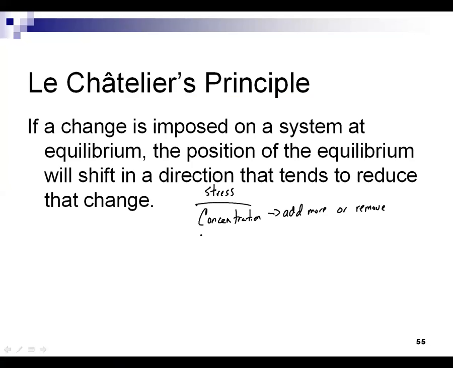Another type of stress that you could do to a situation would be volume or pressure, and that has to do with gases. Obviously, you can either increase the volume, increase the pressure, decrease the volume, or decrease the pressure. So there are some options that occur.